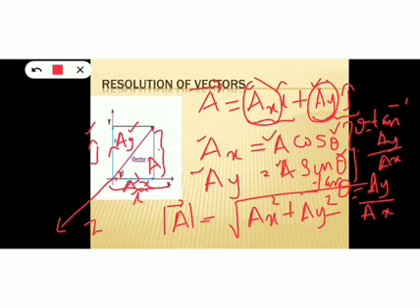One more component will be there, az square. So the magnitude of vector A will be the square root of ax square plus ay square plus az square. Okay, so that's all about the resolution of a vector, the magnitude of a vector, and also the angle theta that the vector makes with the x-axis.